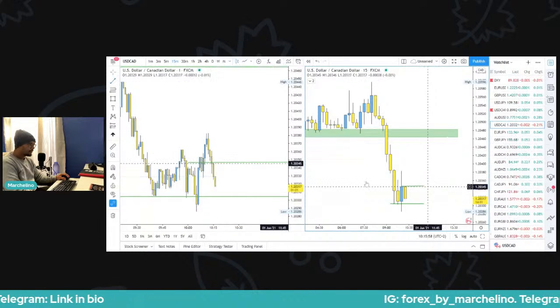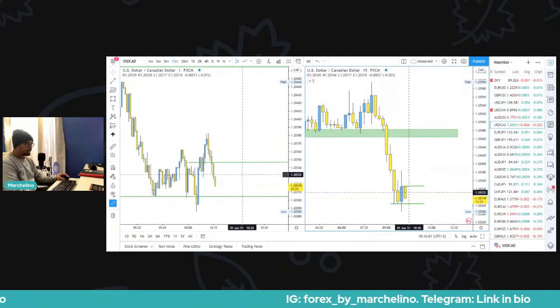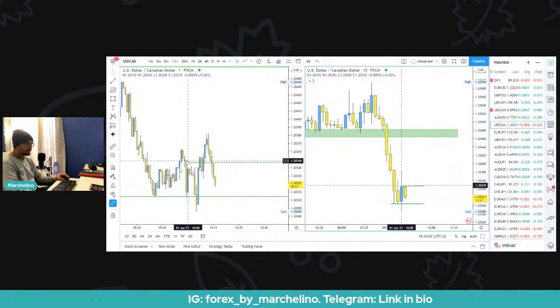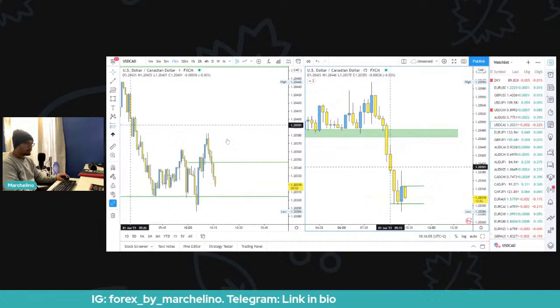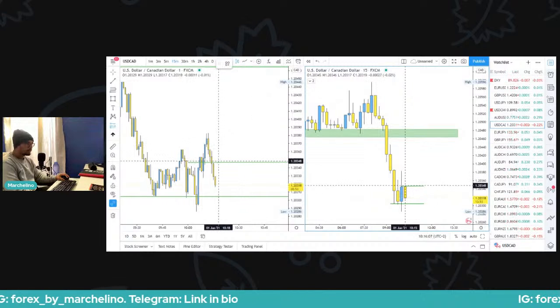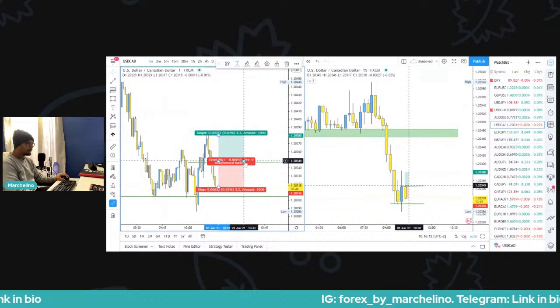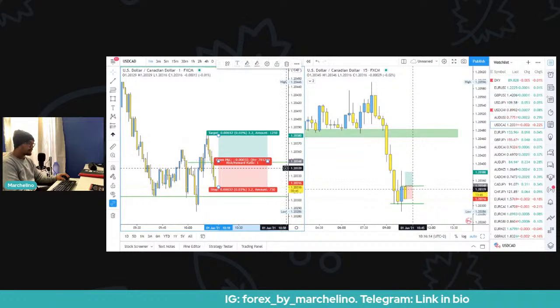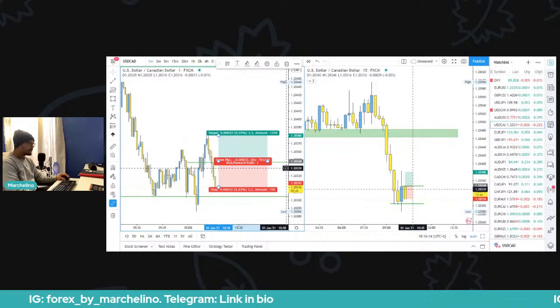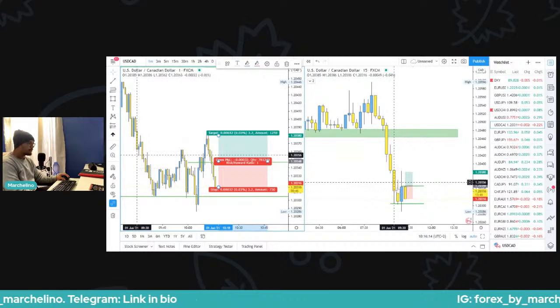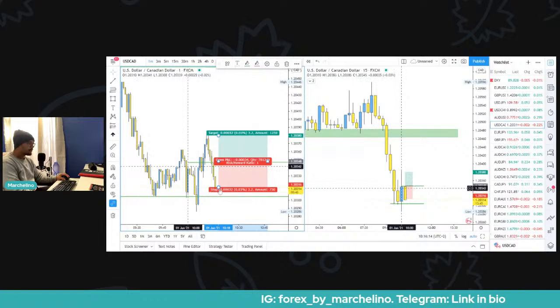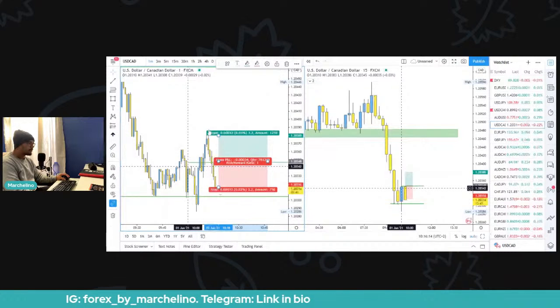So right there, if we start to form a wick, you can look for entry right here. I'm basing this off the fact that the dollar is that strong and nothing has happened to USD CAD just yet.